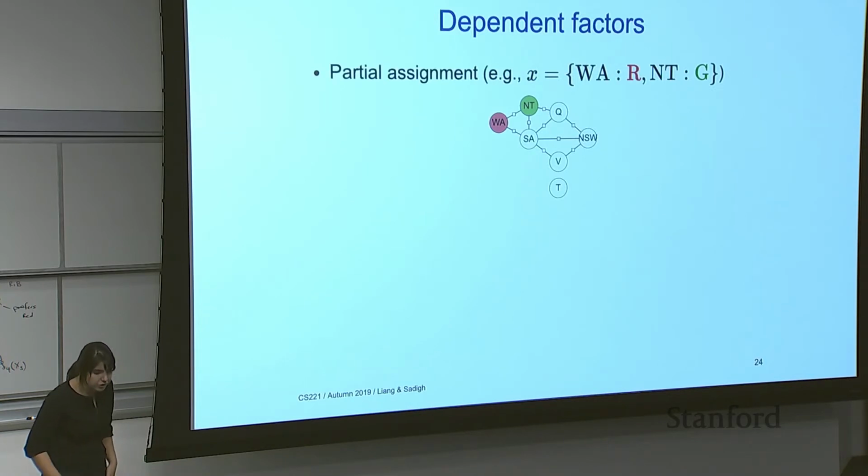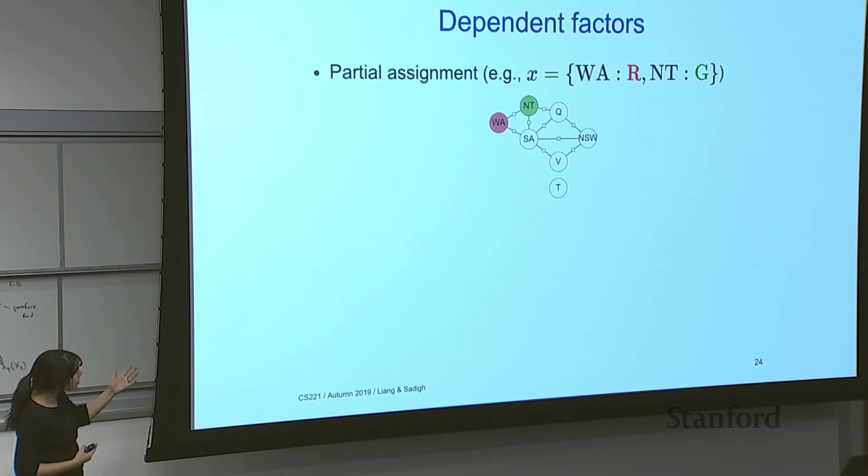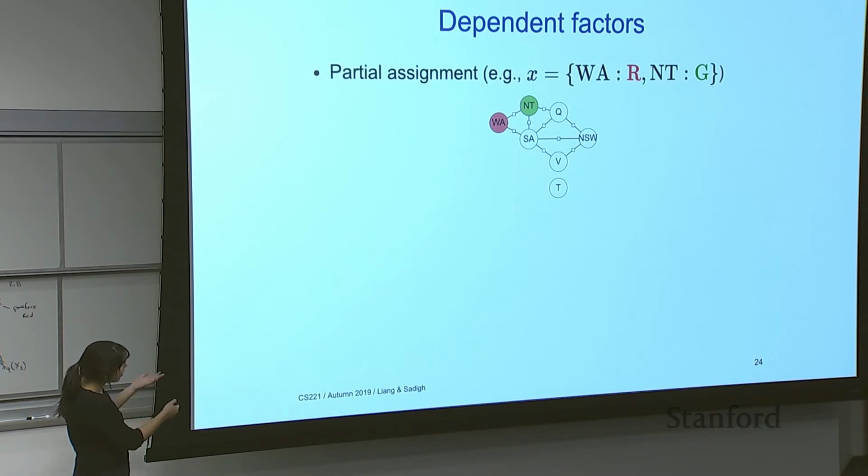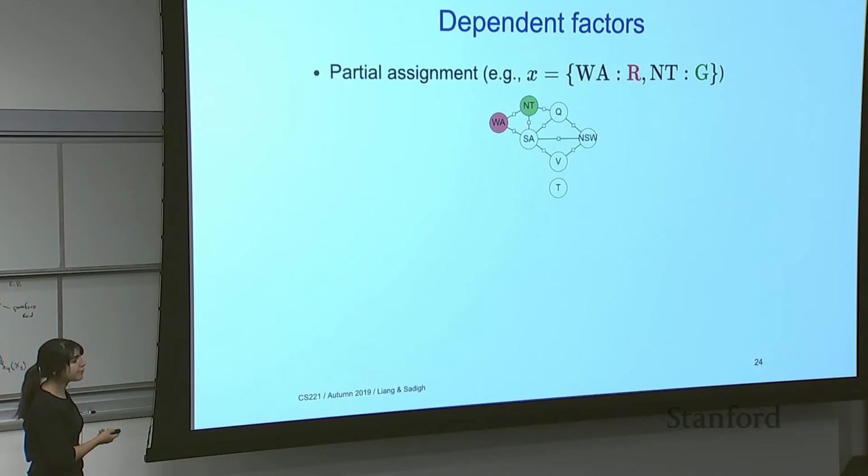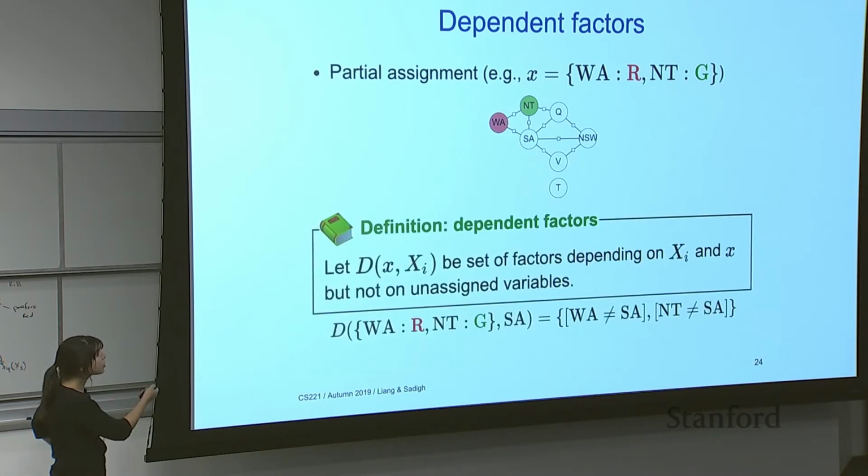To do that, we need to define one more thing. It's the last thing I'm going to define, and then after that, talk about the algorithm. So we're going to define dependent factors. A partial assignment is partially assigning values to variables in this CSP, right? For example, a partial assignment here could be that WA is red and NT is green. Then I can define dependent factors to be a function of a partial assignment and a new variable xi.